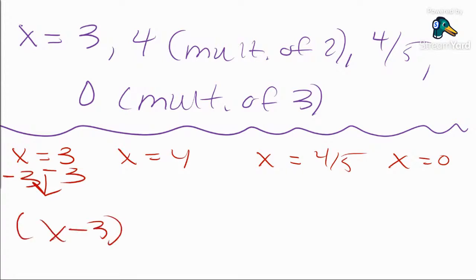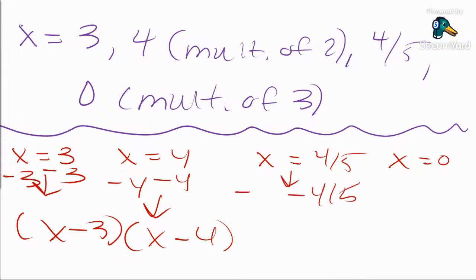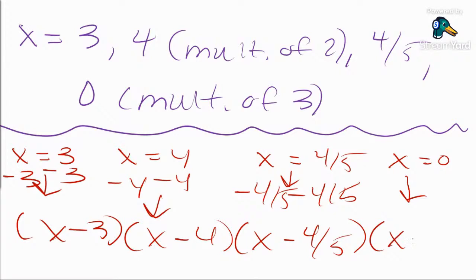For this one, we will still subtract 4 on both sides, so that will give us x minus 4. This one, we can still just subtract 4/5 on both sides, and we would still end up with x minus 4/5. And for the last one, we can keep it as x or x minus 0.